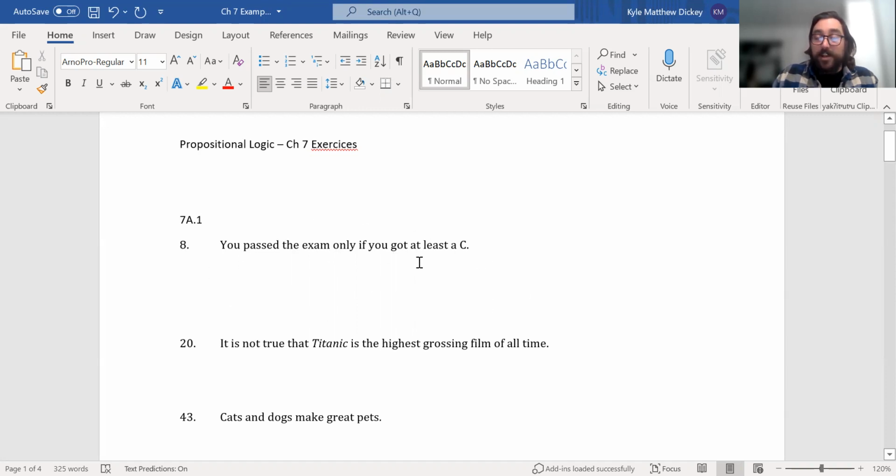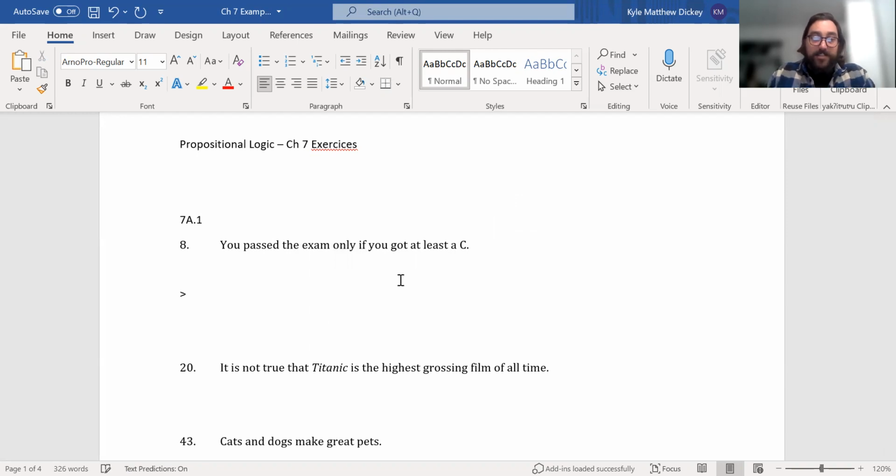Is it a logically complex statement? Yes. Why? Because of the phrase only if. The phrase only if we symbolize as the arrow. And the way that you deal with these symbols is you put sentence letters on either side of them. So you need to figure out which sentences we're going to go for which sentence letters.